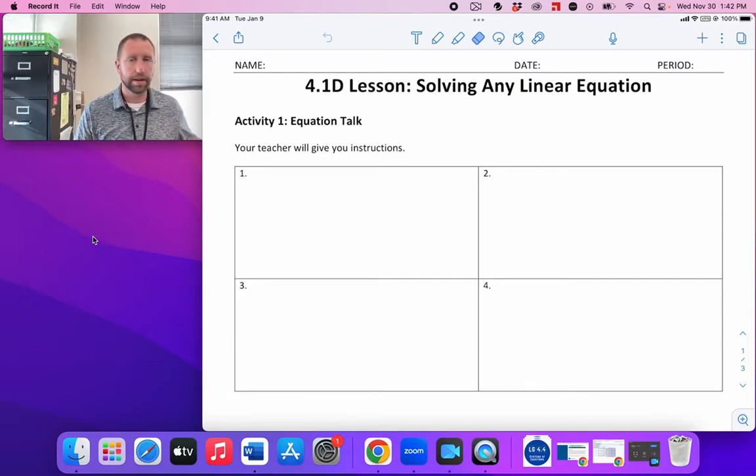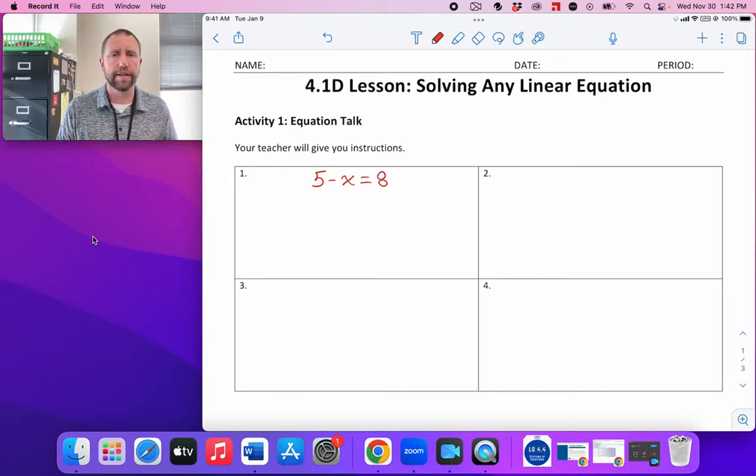of days. Okay, so this first equation, I want you to write down these equations here. I've got 5 minus x equals 8. Okay, that's our first equation. Our second one is negative 1 equals x minus 2.